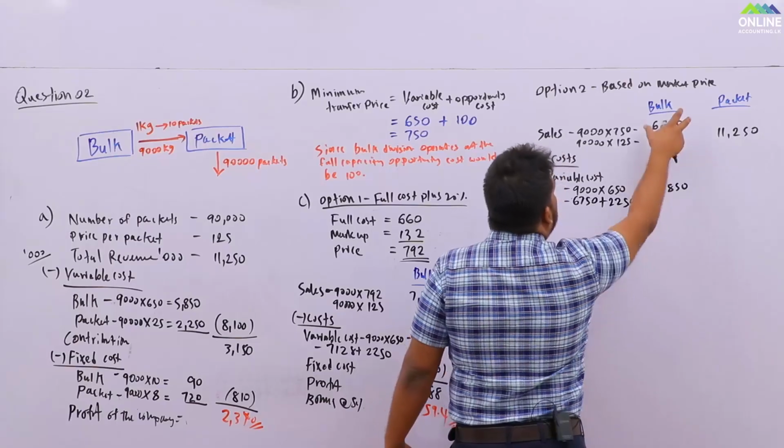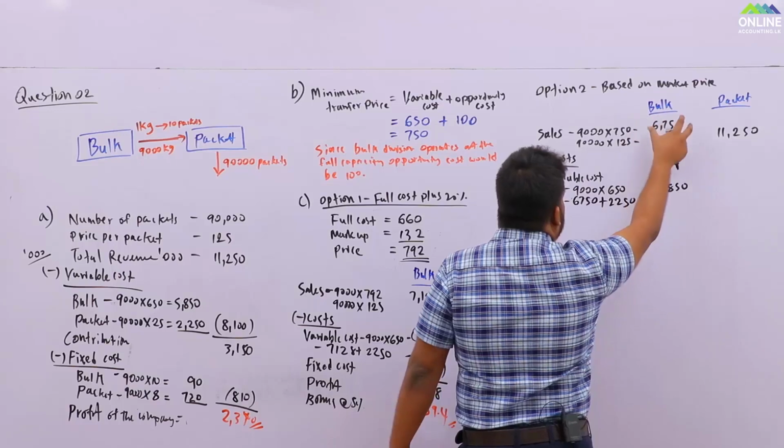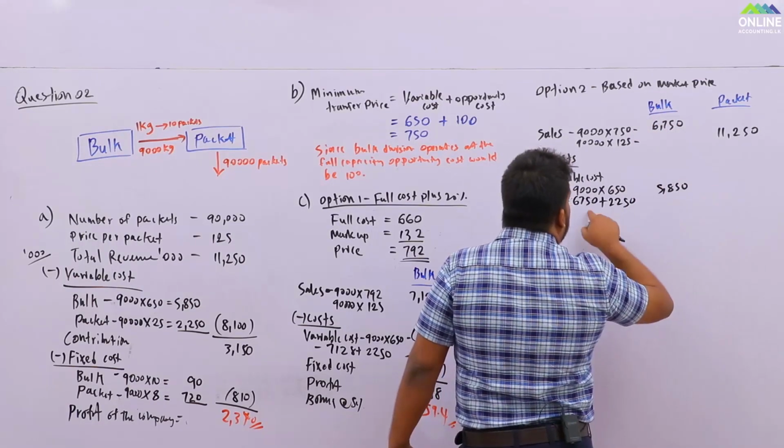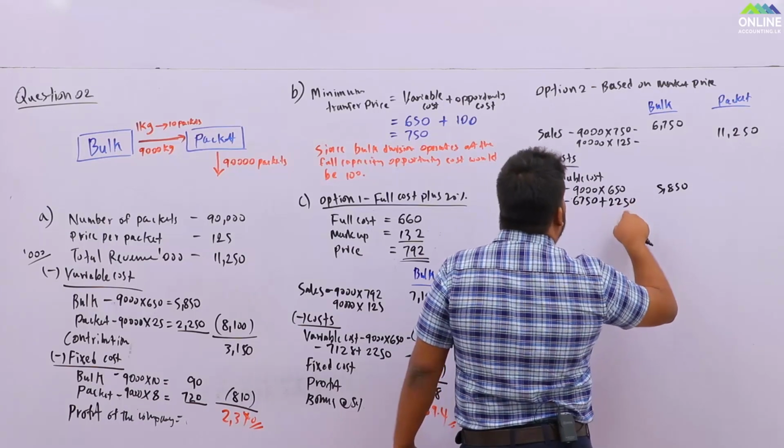They are buying at this from the bulk. So this is the price they are paying for them, the cost they are paying for them, plus the additional variable cost.